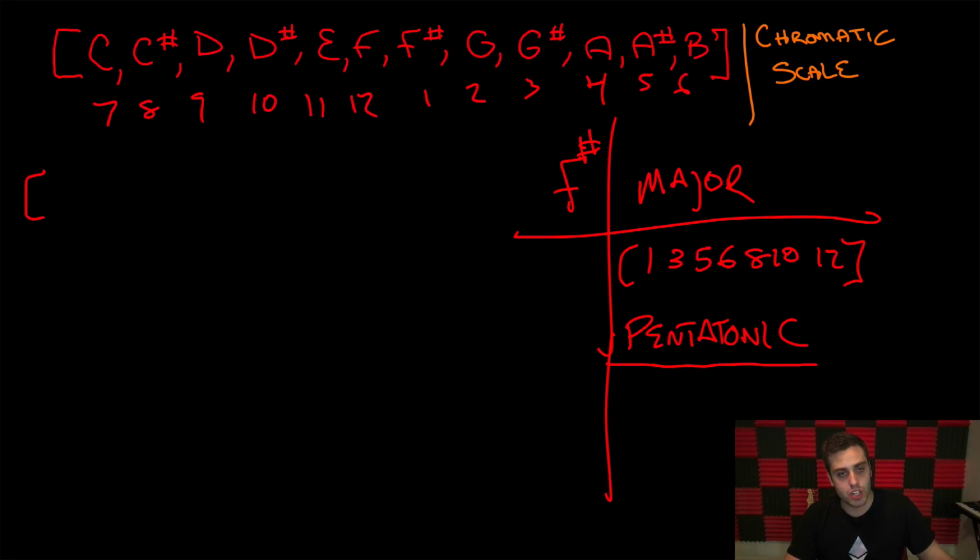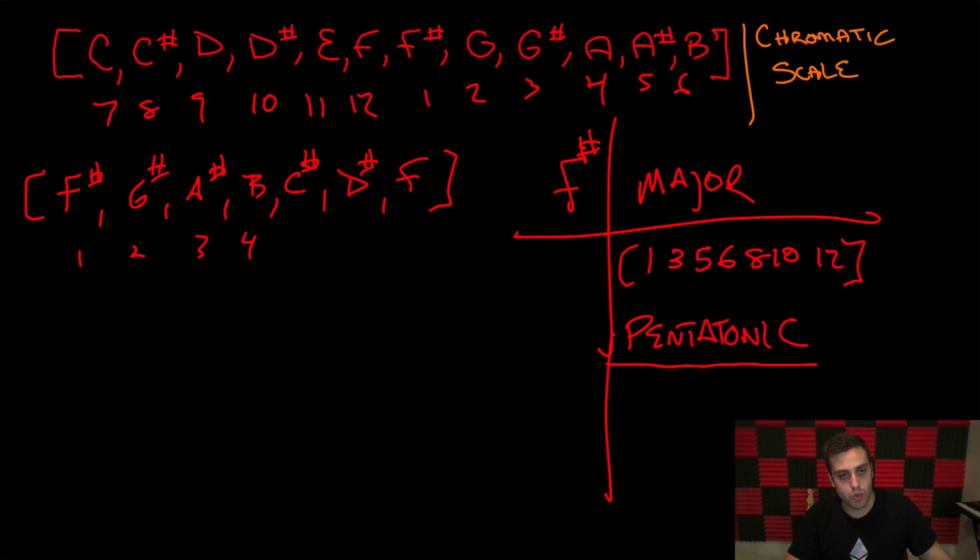And if we constructed the F sharp major scale, we would end up with F sharp, G sharp, A sharp, B, C sharp, D sharp, and F. So it'd be 1, 2, 3, 4, 5, 6, 7. And the way that we have an absolute filter on the chromatic scale, we also have a filter for the major pentatonic scale, which is 1, 3, 5, 8, and 10.